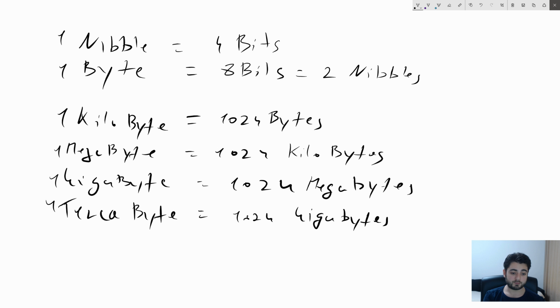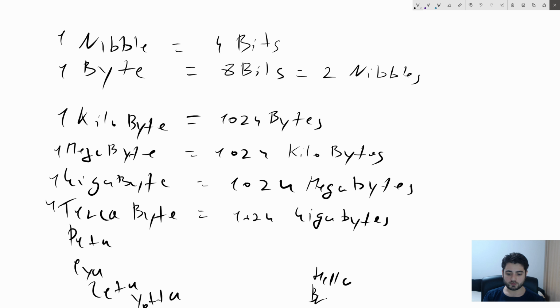And I'm going to show you this in a second. So I'm not going to continue with this, but there's also peta. It's the same pattern. So we get peta, exa, zeta, and iota, and right now they're also discussing hella or bronto, I think it's called.